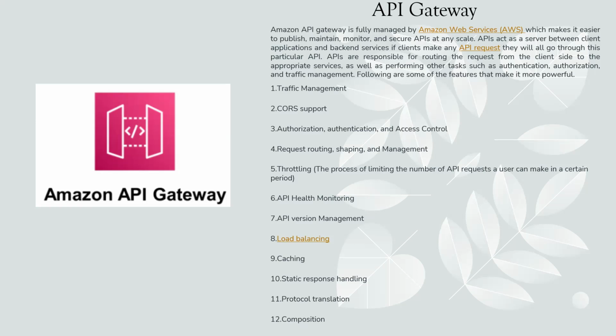Load balancing also can be handled by the API gateway itself. Like in the case of IRCTC, currently 10 different vendors are connected to the IRCTC servers, and they are consuming the API.